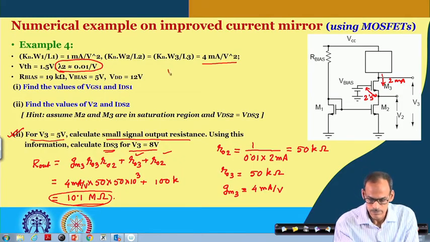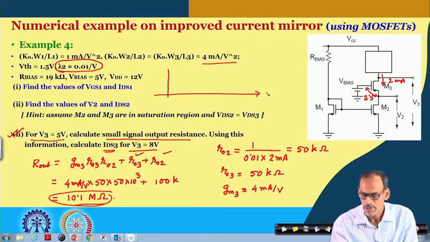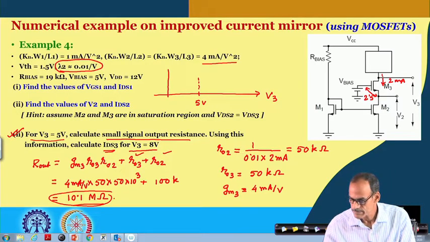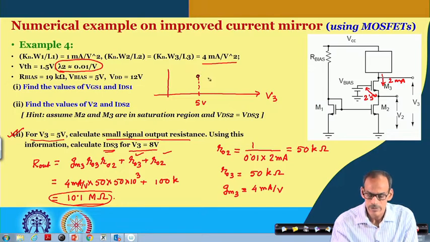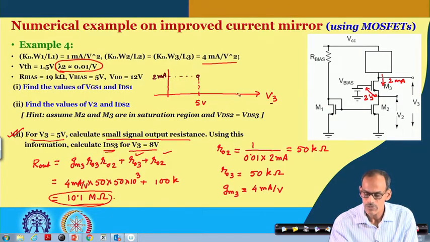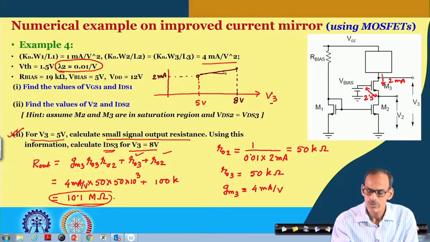So, we know that if V 3 is equal to 5 volt, the corresponding current here was 2 milliampere, and then if we increase this V 3 from 5 volt to 8 volt, due to output resistance, it is having some slope here, and we know that the inverse of this slope, which is the output resistance, is given here.